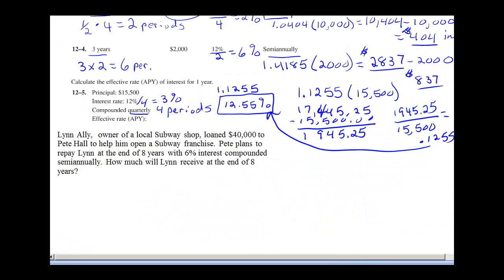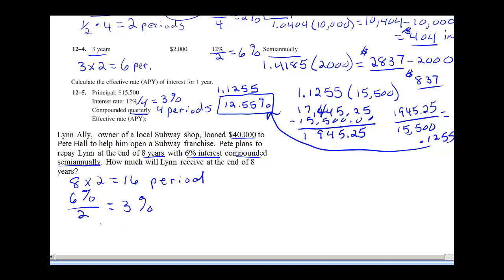And one last problem. Lynn Alley, owner of a local Subway shop, loaned $40,000 to Pete Hall to help him open a Subway franchise. Pete plans to repay Lynn at the end of 8 years, 6% interest compounded semi-annually. So 8 years semi-annually is going to be 16 interest periods. 6% semi-annually comes out to 3% per period.